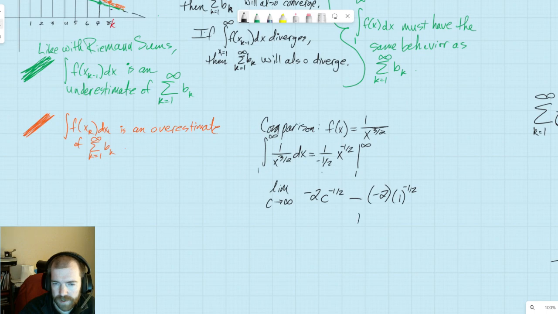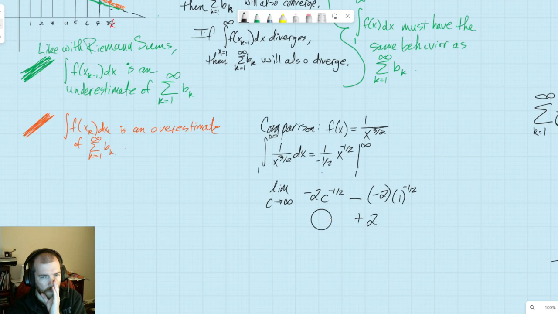This is going to be a plus 2, and this is going to be a 0, because here our very large number is being square rooted and also flipping underneath. So a very large number at the bottom of the fraction is going to make a 0. So this is going to be 2.